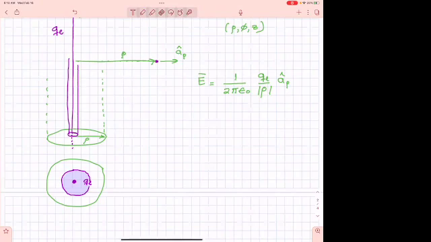Okay, let me also do that, same thing otherwise. Okay, so here. Now, all right, so now this is the charge, it extends. How much is the field gonna be there at that point?